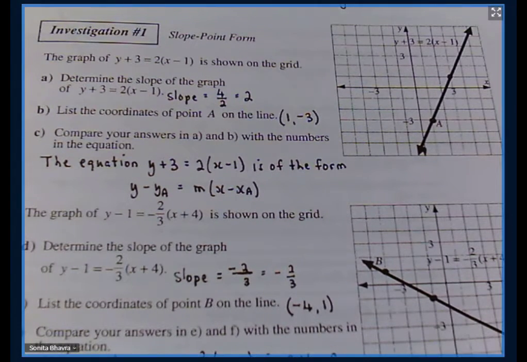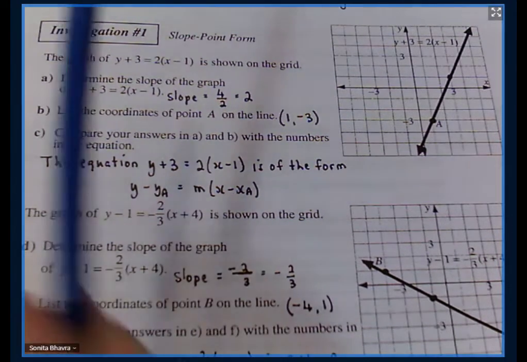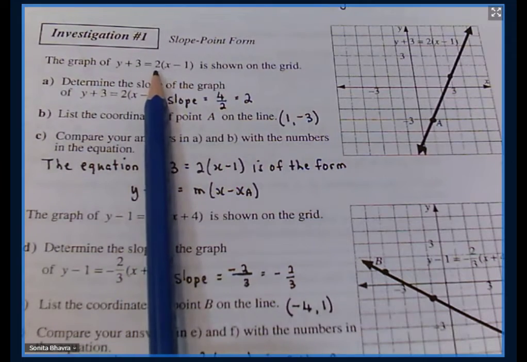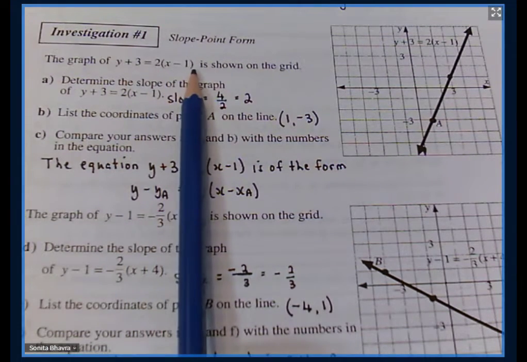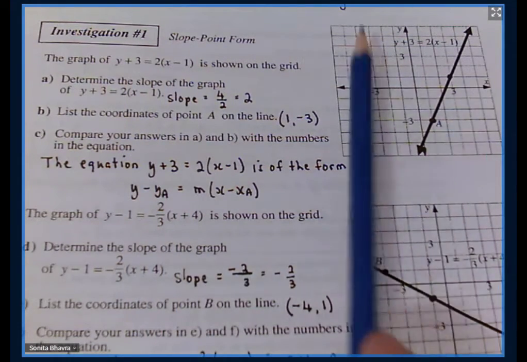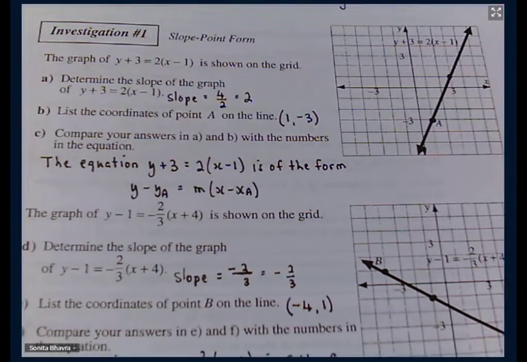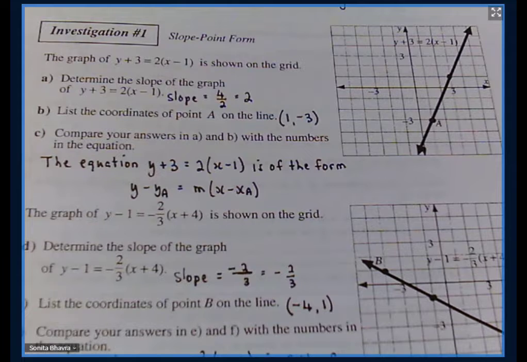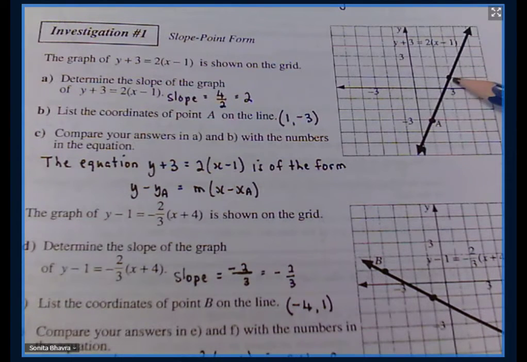We have a graph in this form, y plus 3 equals 2(x minus 1), and it's been graphed here. From this graph, we can easily determine the slope by going to 2 points and looking at our rise over run.